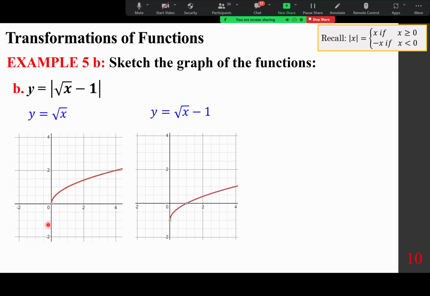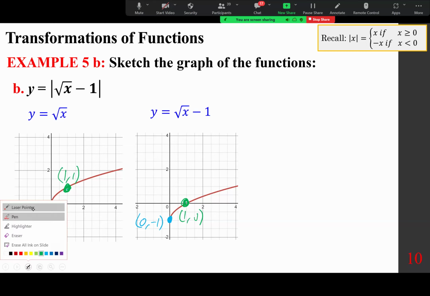So 0, 0, becomes 0 minus 1. So far, so good.